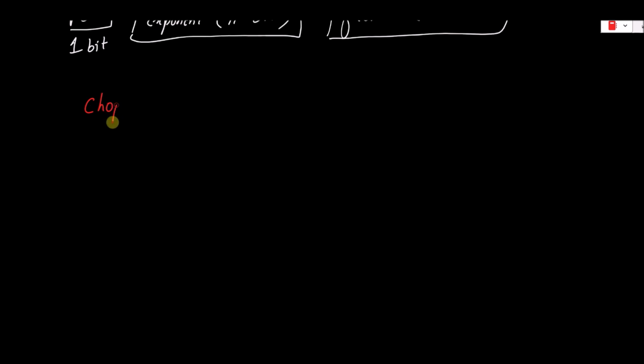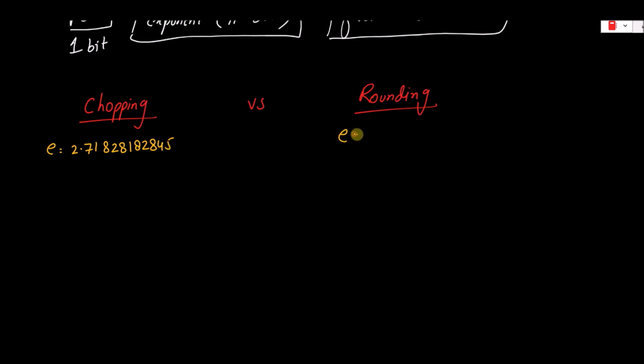Chopping versus rounding. In order to understand this concept, I'm using an example of e. Its value is 2.7182845, and similarly for rounding we are using the same example, 2.7182818284590 and so on, right?